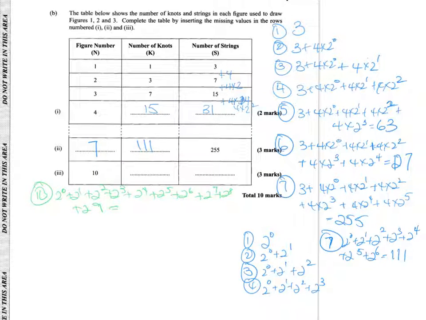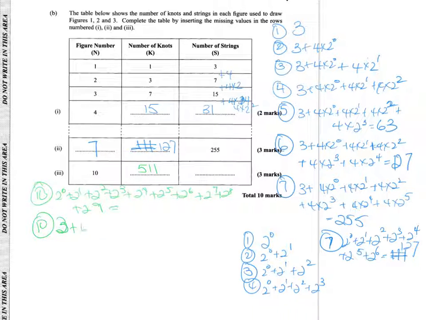Okay, please forgive me, there's an error. The figure 7 answer added up to 127, so that should be 127. Okay, so if I've put everything correctly in the calculator, and hopefully I have, this answer should be 511.